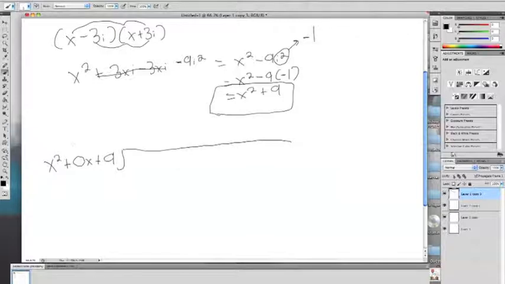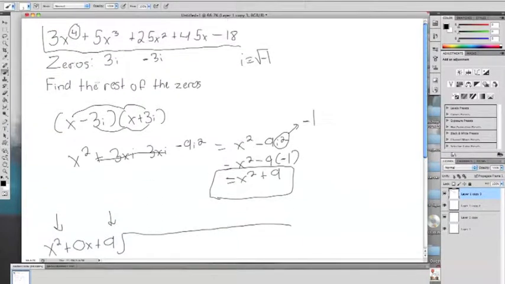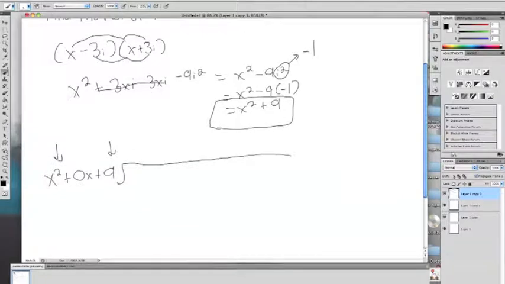The reason I put the 0x here is that it's a placeholder, since you're long dividing, you need to write down all the values. You can't skip one. This is a degree 2, and this has no degree, and we were missing the first degree, which was right here. Then what we have to do is divide that by this. So just write that down.